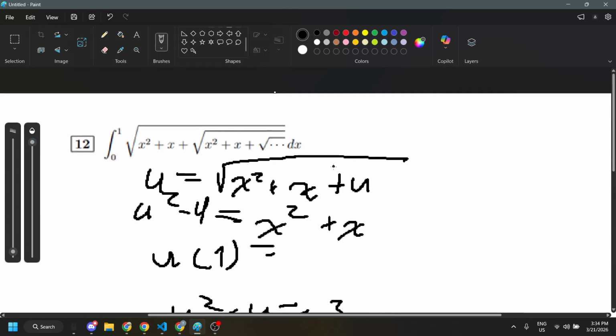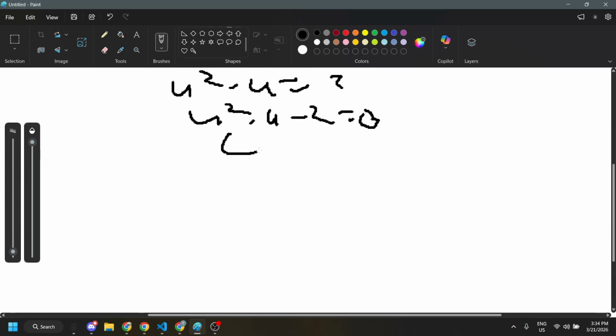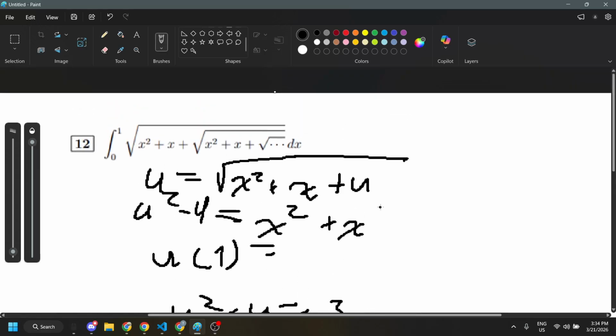So now, u minus 2, u plus 1. So then u is equal to 2 or negative 1. It's going to have to be 2, not going to be equal to both, actually.